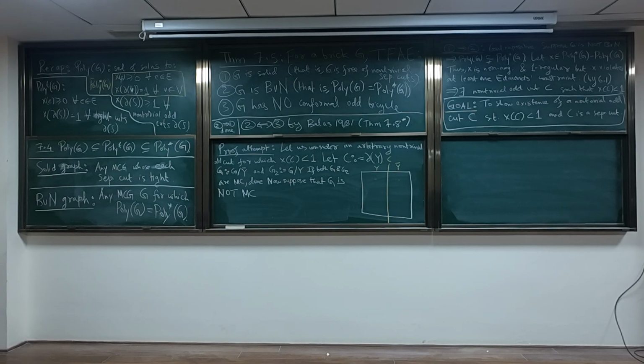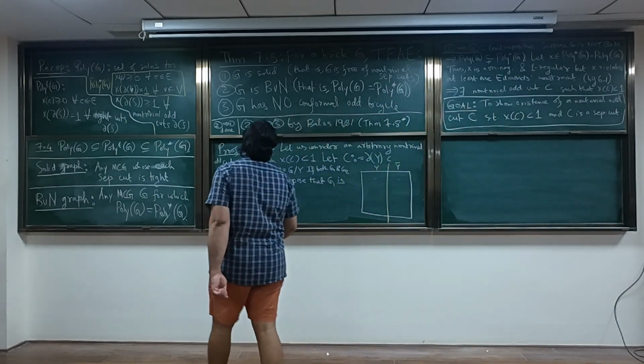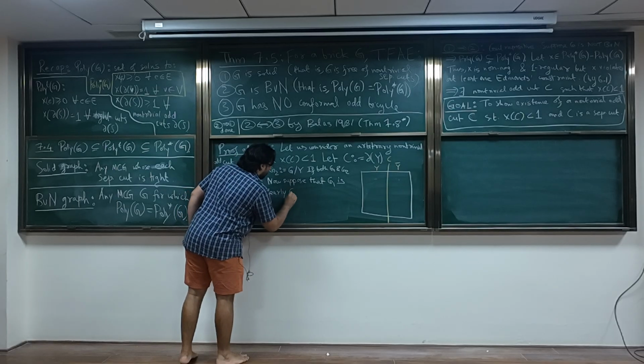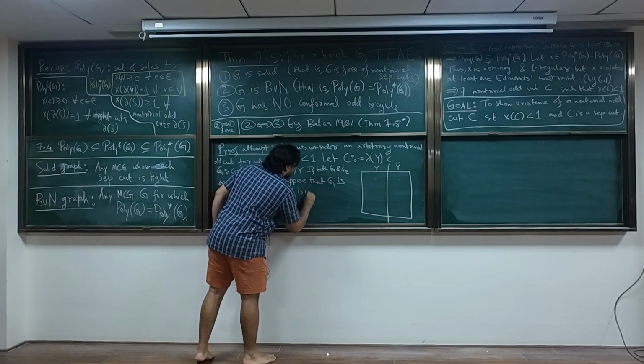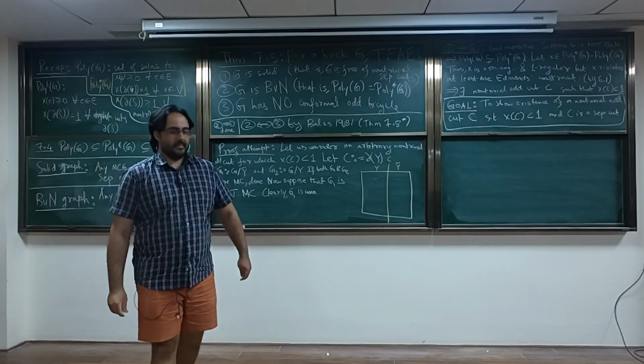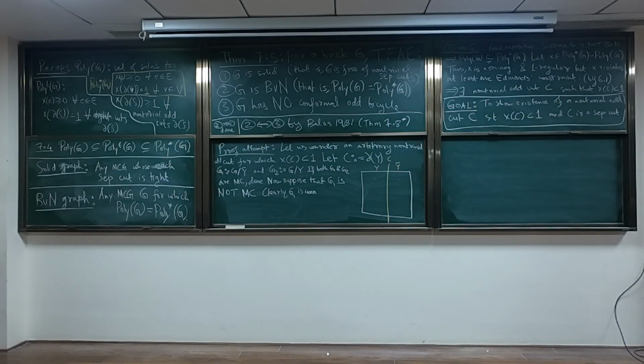Every cut of G1 is a cut of G. Yeah, connected is clear. So therefore, if it is not matching covered, either it is not matchable or it has an edge that is not matchable.